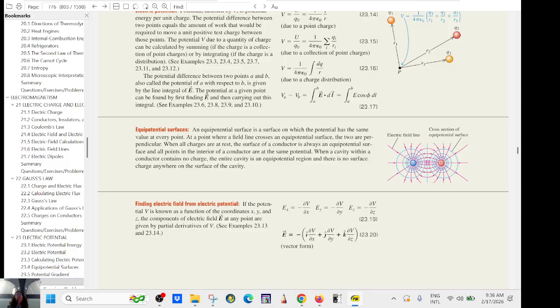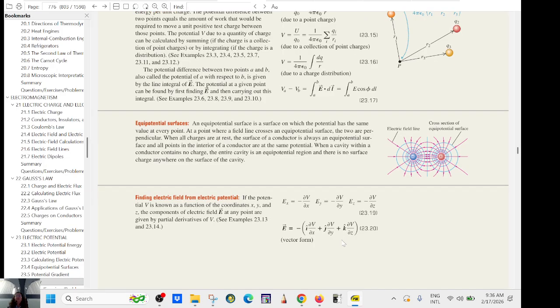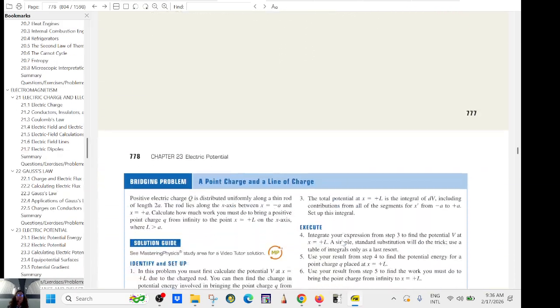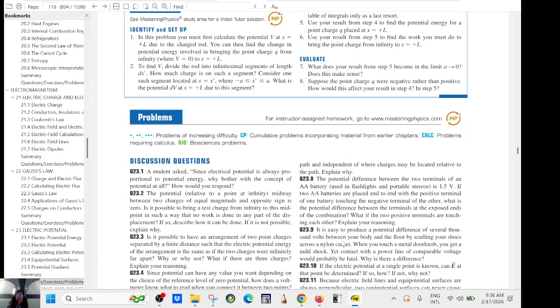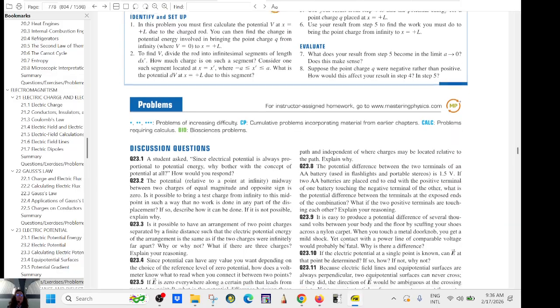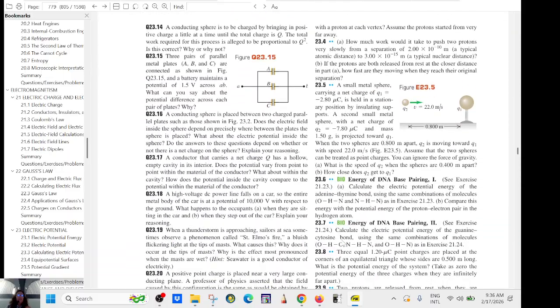To do that, you have to take the gradient, because you have to go from a scalar, which is a voltage, to a vector, which is the electric field. You have this equation, which is fine. It's calculus, but it's not that hard. And then, that's it. It's a very nice summary here.